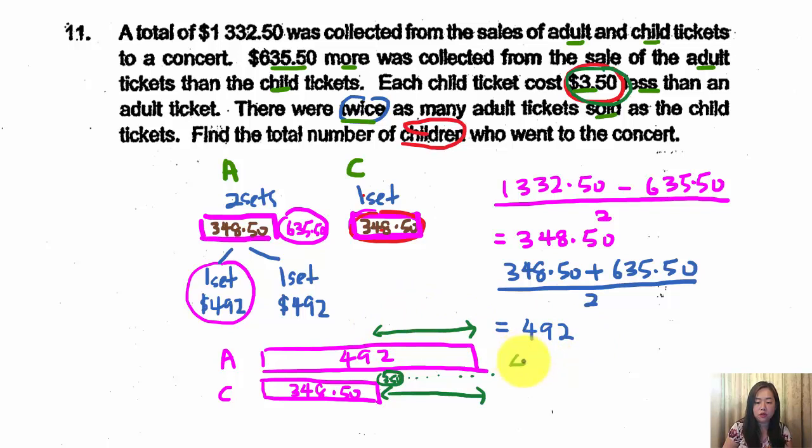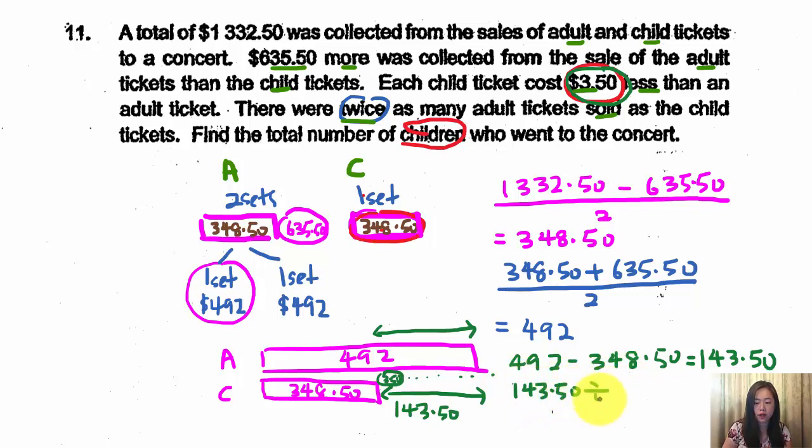So if we use 492 minus 348.50, we will get 143.50. So this is 143.50, and if we use 143.50 divided by 3.50, it will be equal to 41.